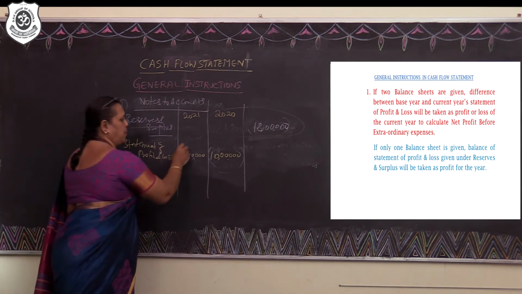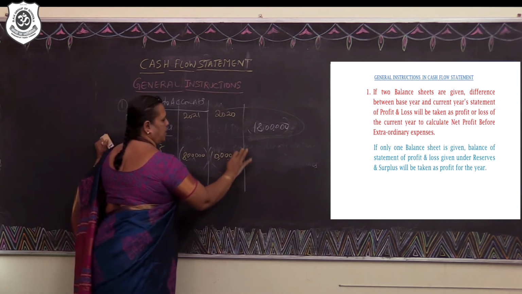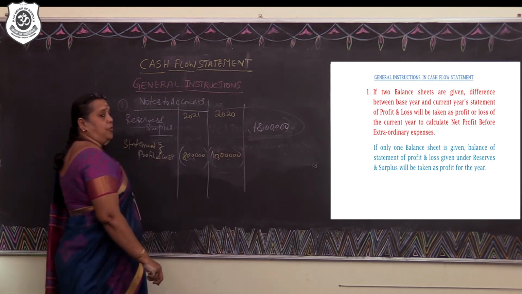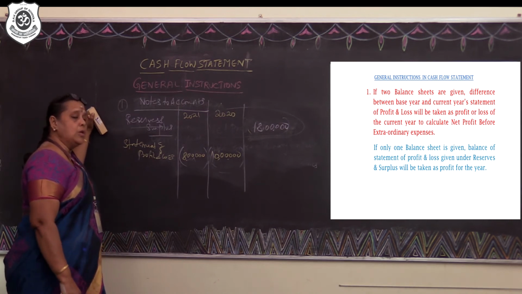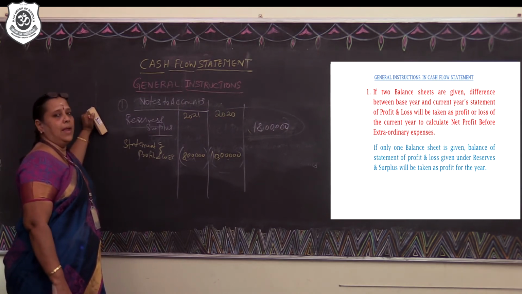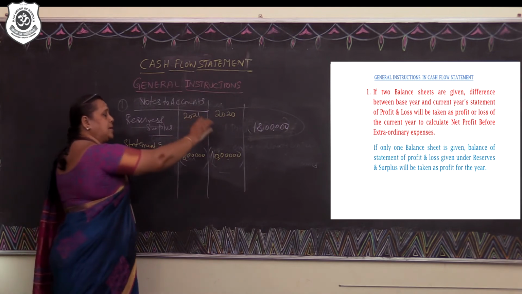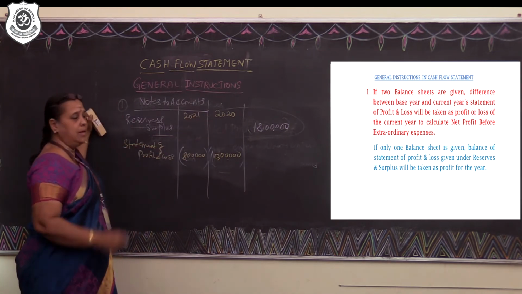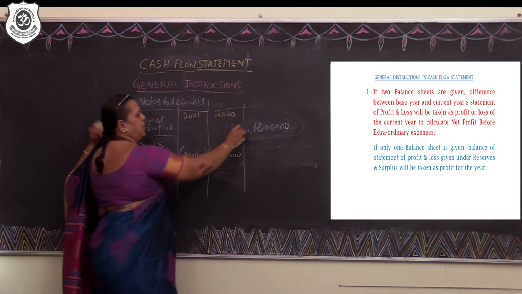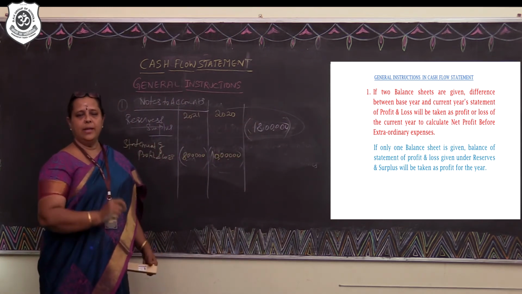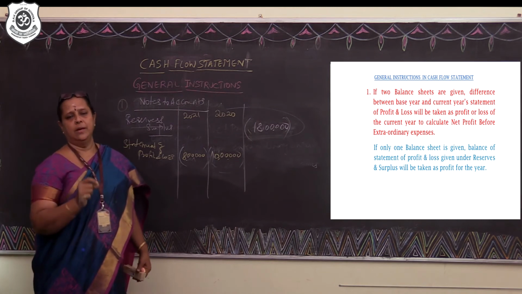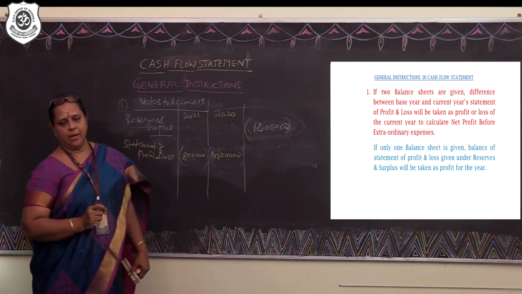Other way around. Base year, there is a profit of 10 lakh and current year, there is a loss of 8 lakhs. That means, even after adjusting the profit of the base year, the loss is 8 lakh. That means, loss for the current year is 18 lakhs. Current year minus base year will be the profit for the current year.